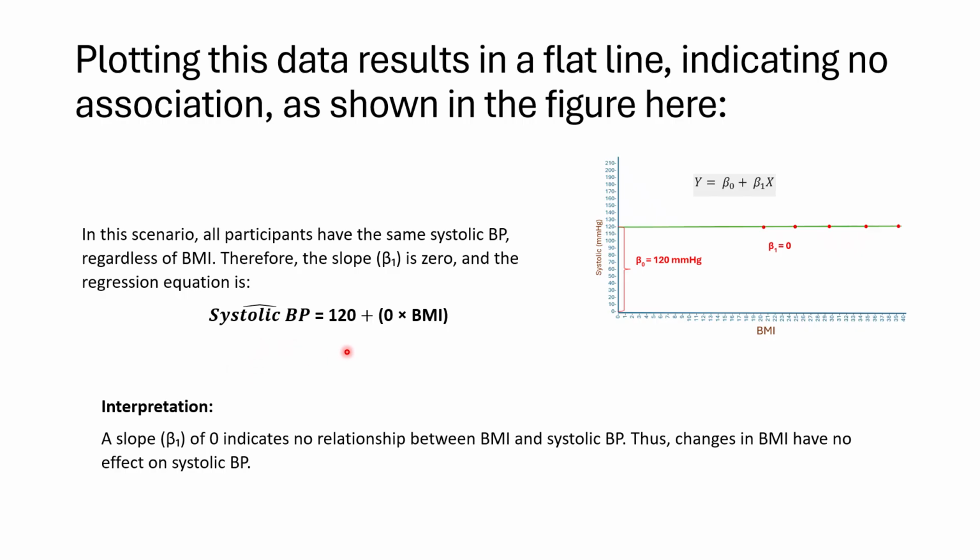Systolic blood pressure is equal to the intercept, which is 120 millimeters of mercury, plus 0 times BMI, meaning that if we plug in the value 20 or 25 or 30, the systolic blood pressure of all the individuals will stay the same, that is 120 millimeters of mercury. And our interpretation would be something like this: a slope beta 1 of 0 indicates no relationship between BMI and systolic blood pressure. Thus, changes in BMI have no effect on systolic blood pressure.